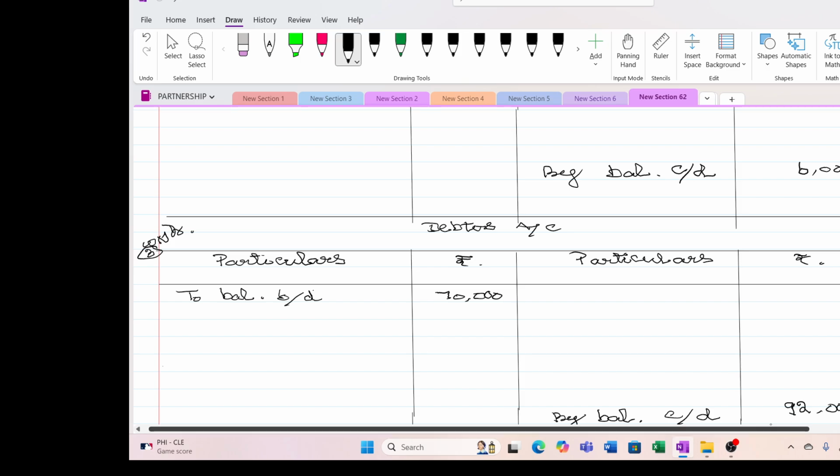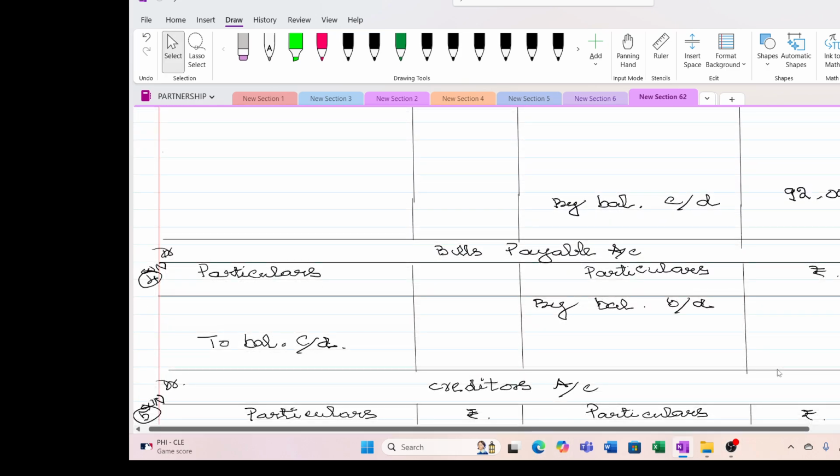92,000. Debtors is 92,000. Then I will post the bills payable also. Bills payable is a liability. It will have a credit balance. Opening balance is 12,000 and the closing balance is 14,000.